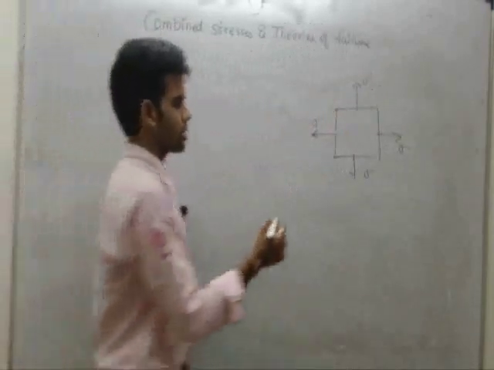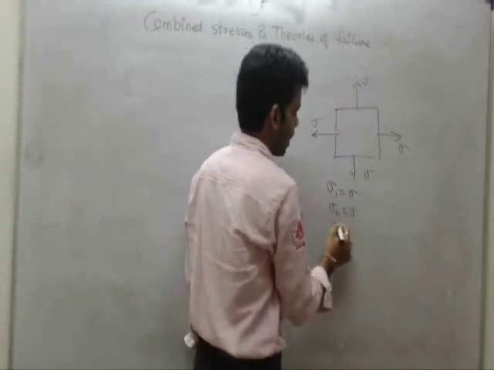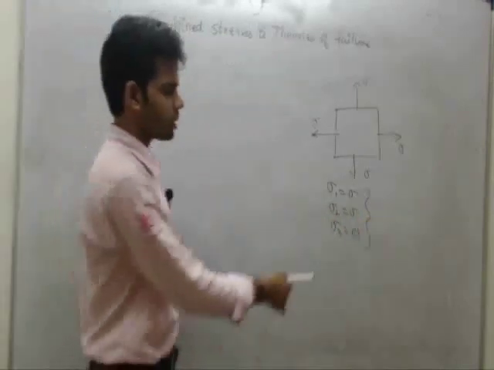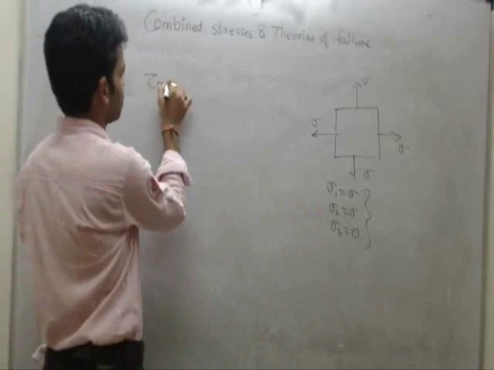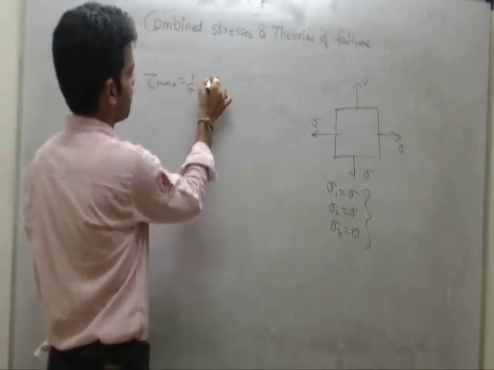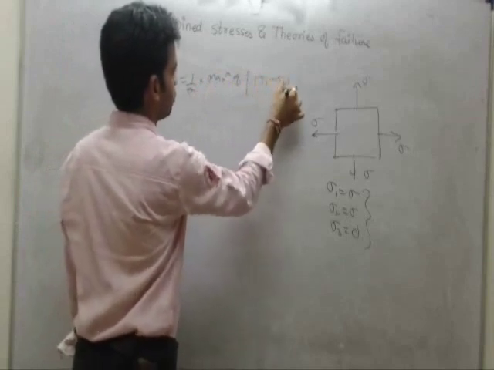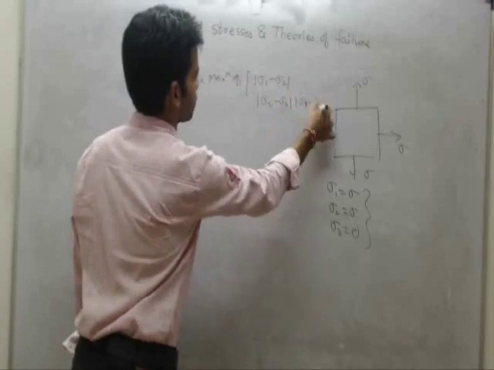Okay, and obviously here sigma 1 is equal to sigma, sigma 2 is equal to sigma, and sigma 3 is equal to 0. Okay, so because sigma 3 is equal to 0, we can apply maximum shear stress theory, because tau max is what? Half of maximum of sigma 1 minus sigma 2, sigma 2 minus sigma 3 and sigma 1 minus sigma 3.